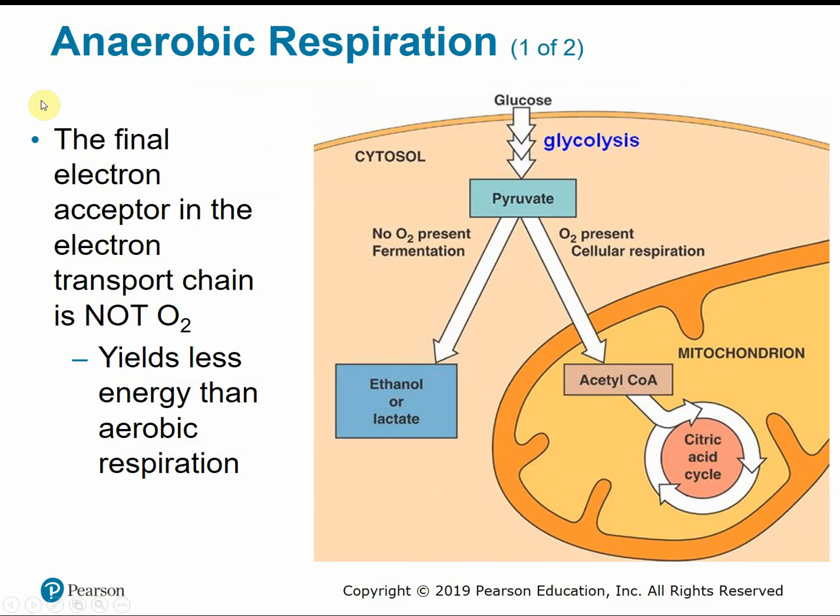Anaerobic respiration occurs when there's no oxygen present. This is also referred to as fermentation. The final electron acceptor in their electron transport chain is not oxygen. So while they still can produce some ATP, it's not as efficient as aerobic respiration. We don't get nearly as much ATP at the end of fermentation as we do aerobic respiration.